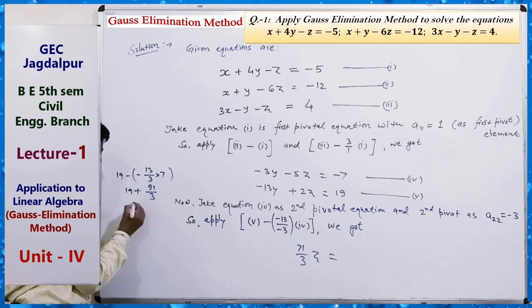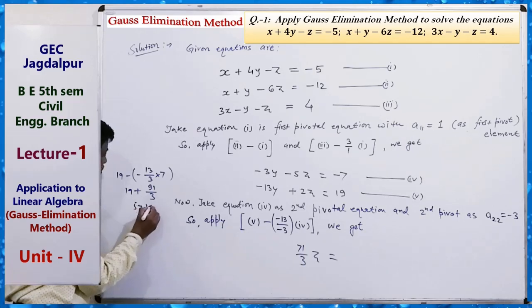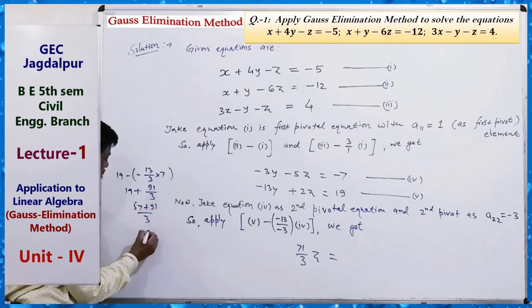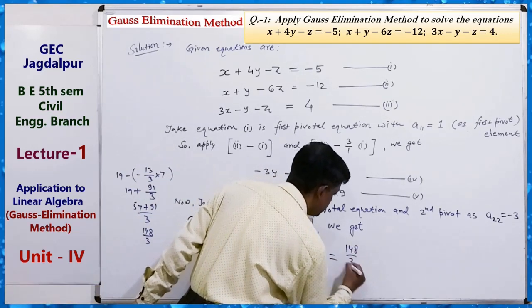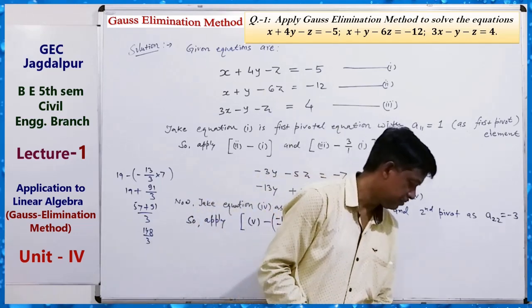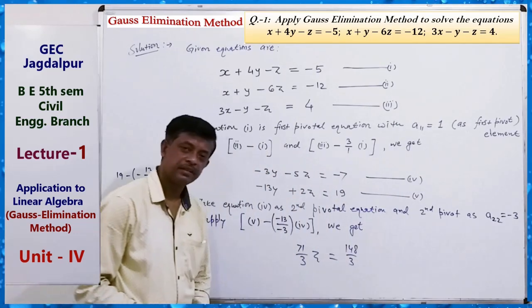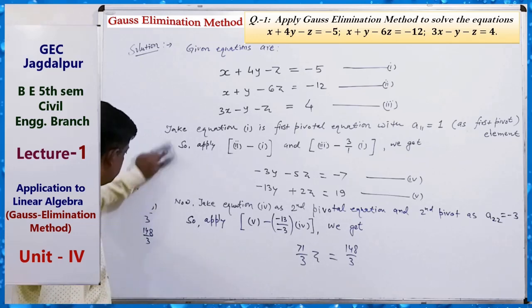So minus plus 57 plus 91 upon 3. So here 148 by 3. Clear? Just we get like this.